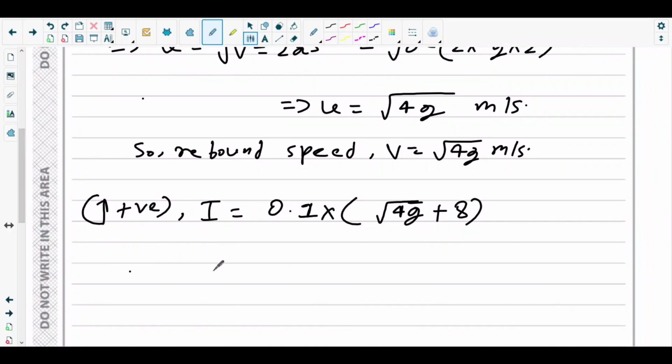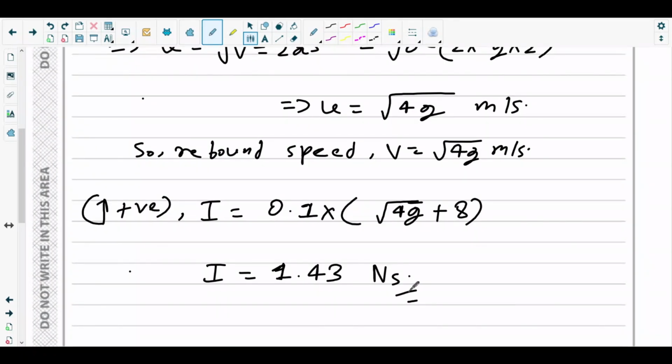Fine. So impulse is how much? Square root of 4g plus 8, times 0.1. That would give you 1.43 Newton second.